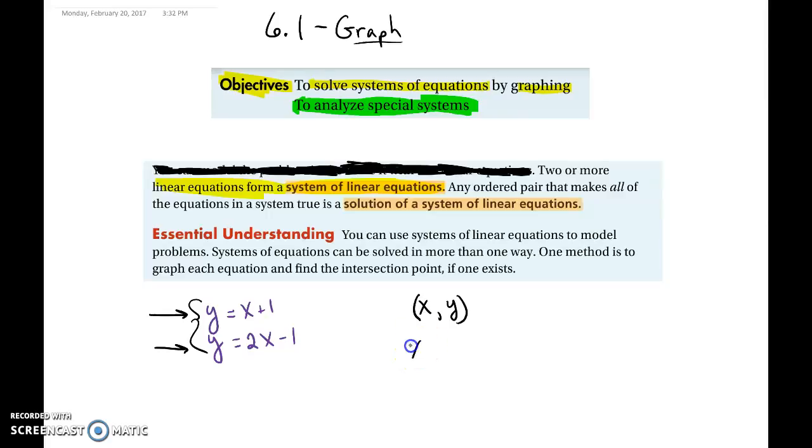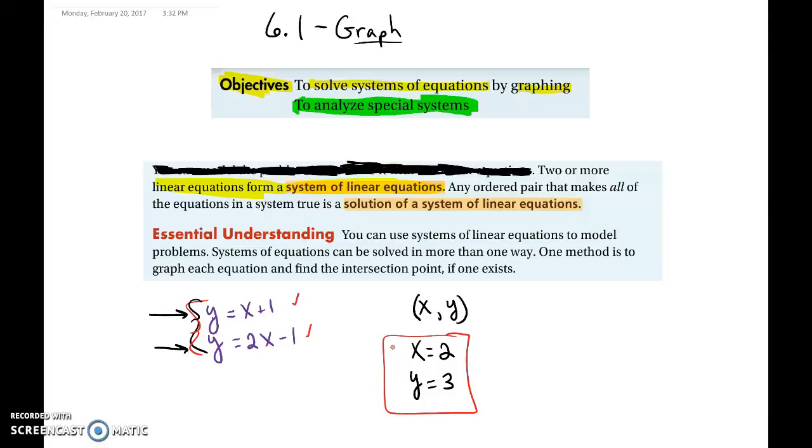So in this case, if x is equal to 2 and y is equal to 3, if we substitute them in both, 2 plus 1 is 3, so we know that it works for this equation, and then 2 times 2 is 4, minus 1 is also 3. So this would be our solution to this system of equations, where the x and y has to satisfy both at the same time.